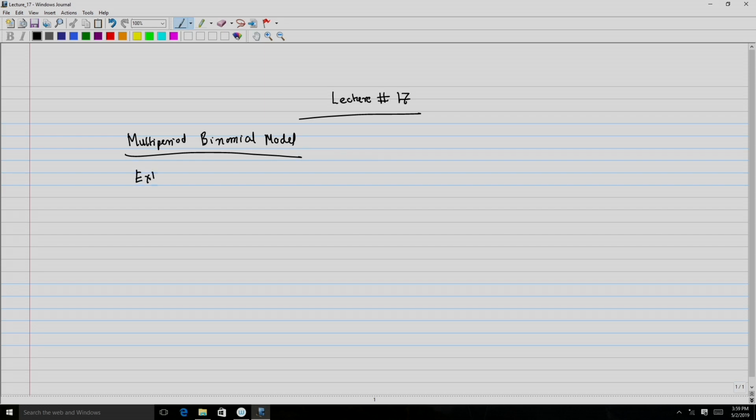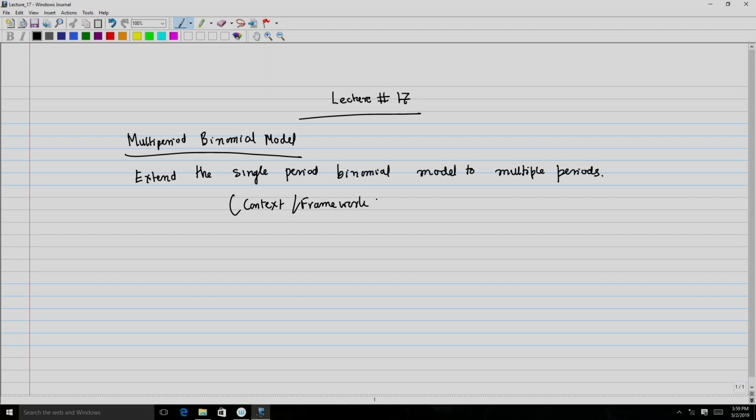In this case, we extend the single period binomial model to multiple periods, and we do this in the framework of our previous formulation, namely the coin tossing problem.